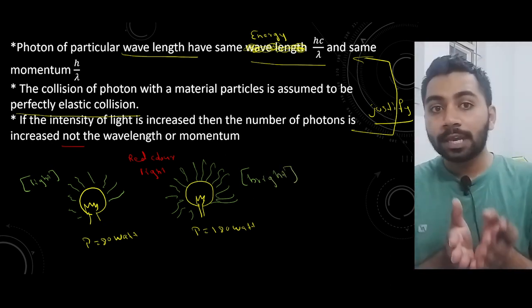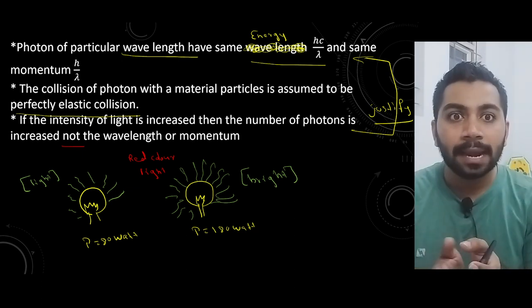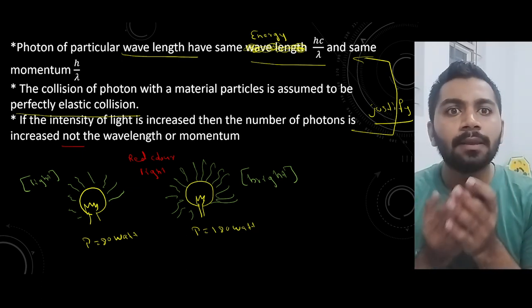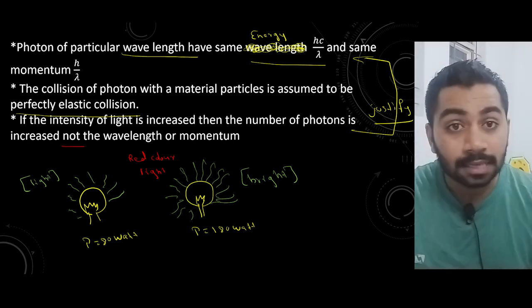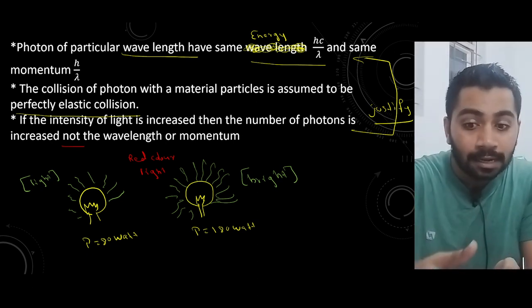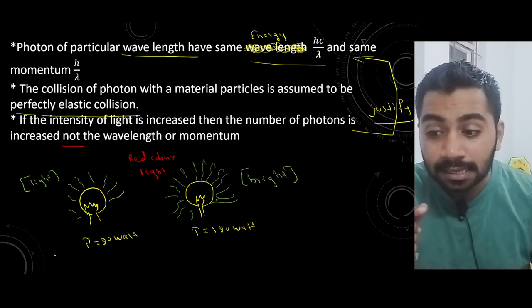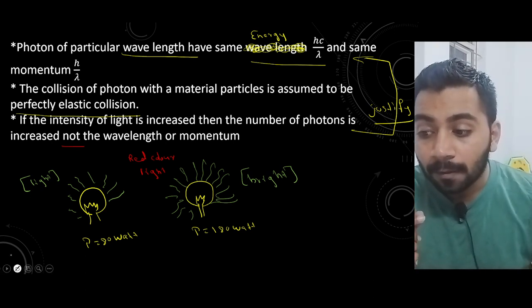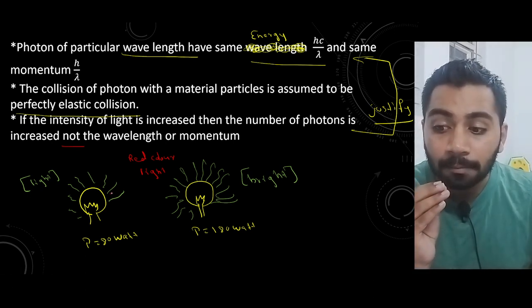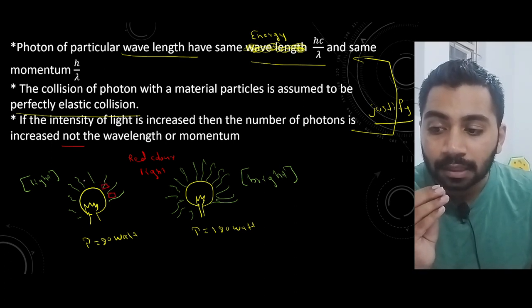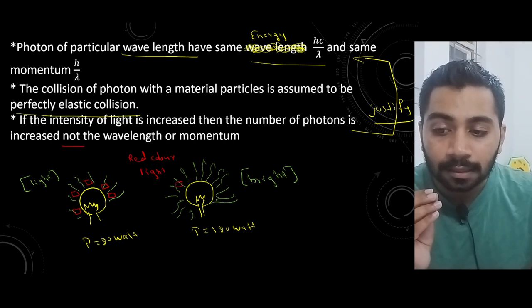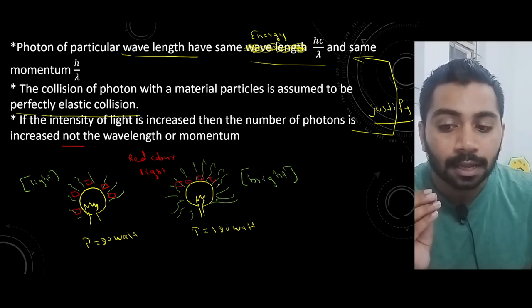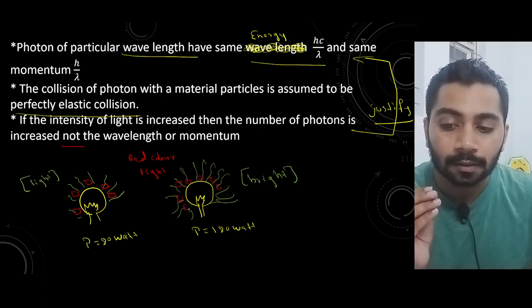After seeing this, you might say that this is bright and this is not bright, so maybe the wavelength is varying, maybe the energy is varying. No, that is not the case. If a light is bright, then the number of photons is increasing, not the other things.